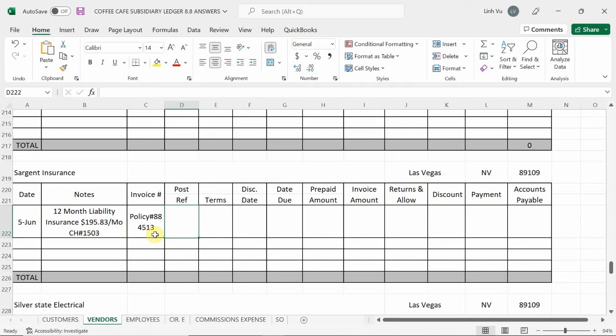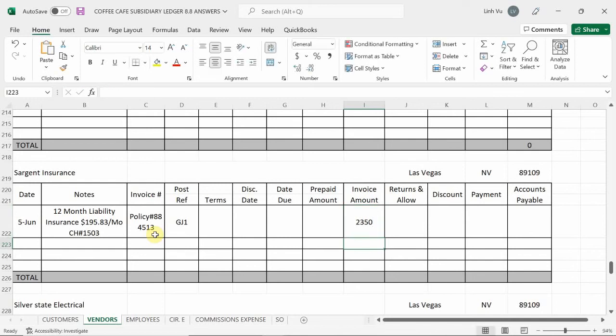Okay. Post reference. We're still on our first journal. Insurance companies sometimes give you some terms, sometimes they don't. In this case, nothing here because we paid for insurance for the whole year. No prepaid. How much was my total bill amount? It'll be $2,350.